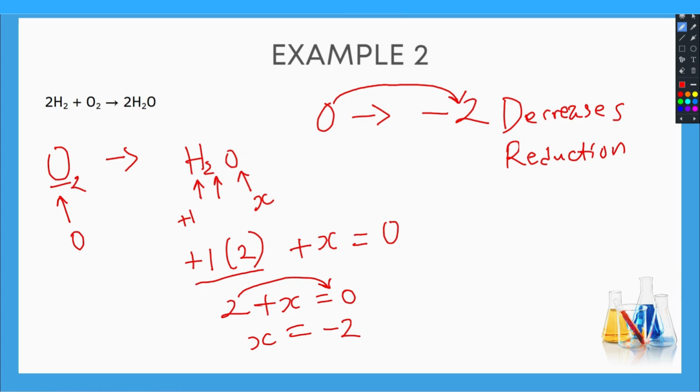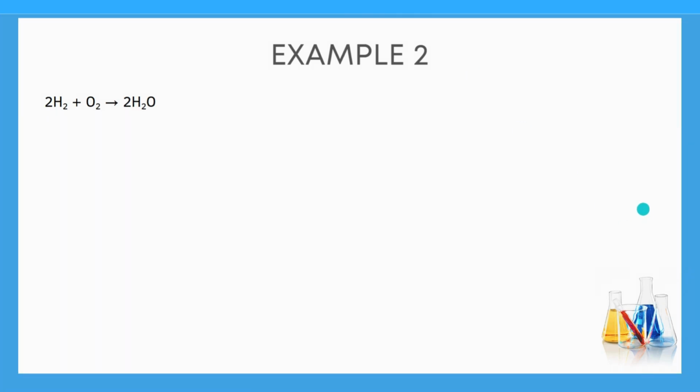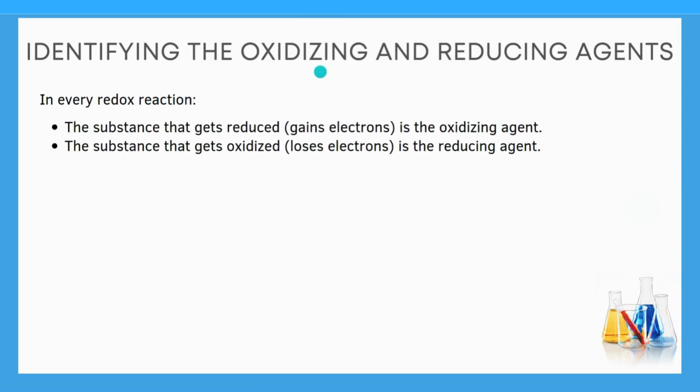I hope you're seeing how we're treating each and every one of these things every step of the way. So, in identifying the substances that go through oxidation and reduction, you need to assign the oxidation numbers to every element that is concerned in the equation. And that will tell you if it is undergoing oxidation and reduction.